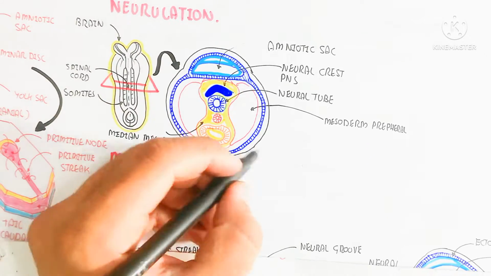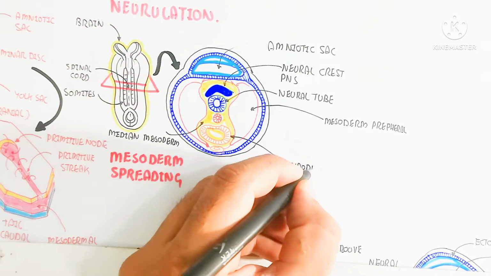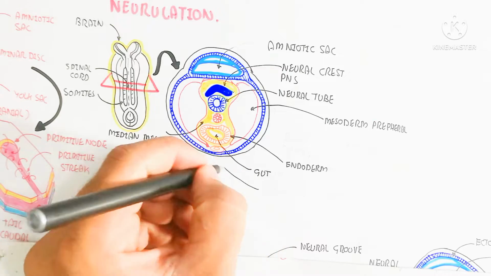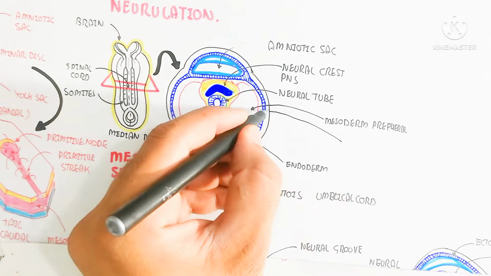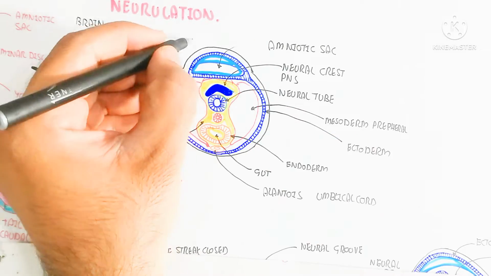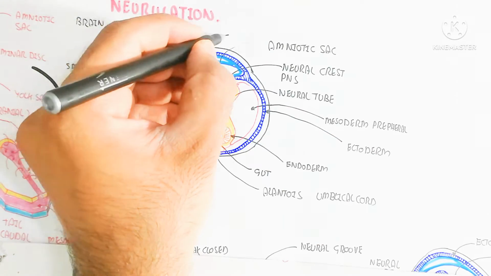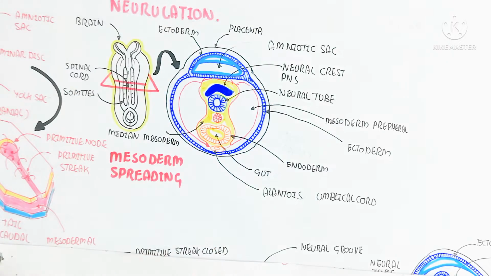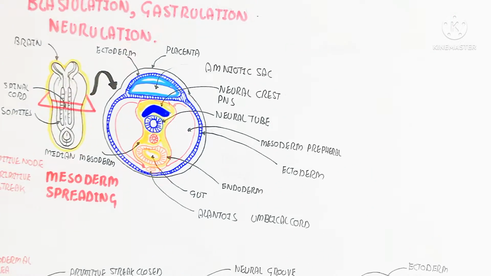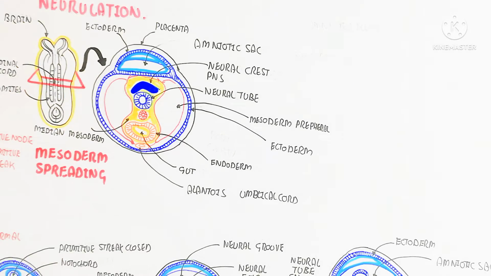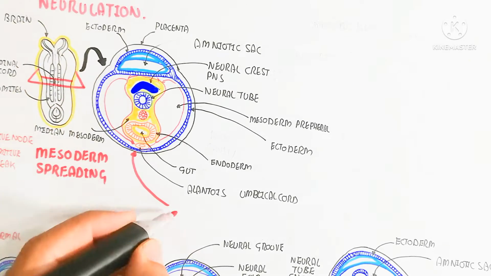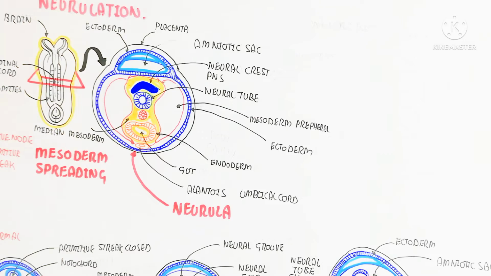The white color with the red line covering shows the peripheral mesoderm, while the median mesoderm is the yellow color in the figure. And this is the endoderm, which is covered by the gut, and the gastrointestinal tract will develop around the endoderm. So this is the endoderm formation, and the separation of the yolk sac, which will become the future allantois.